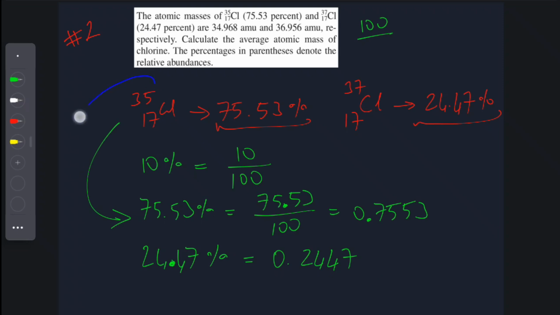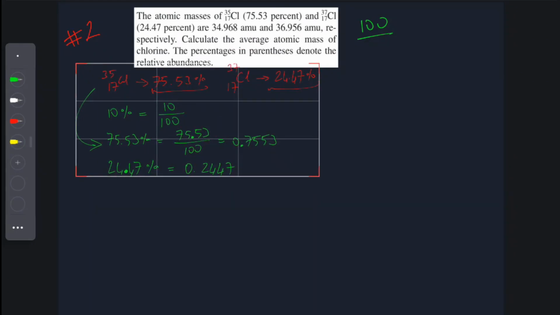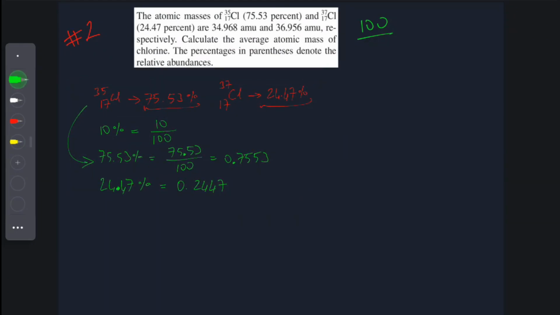And I can make them smaller to gain some space. Okay, so 0.7553 times 34.968 gram per mole.